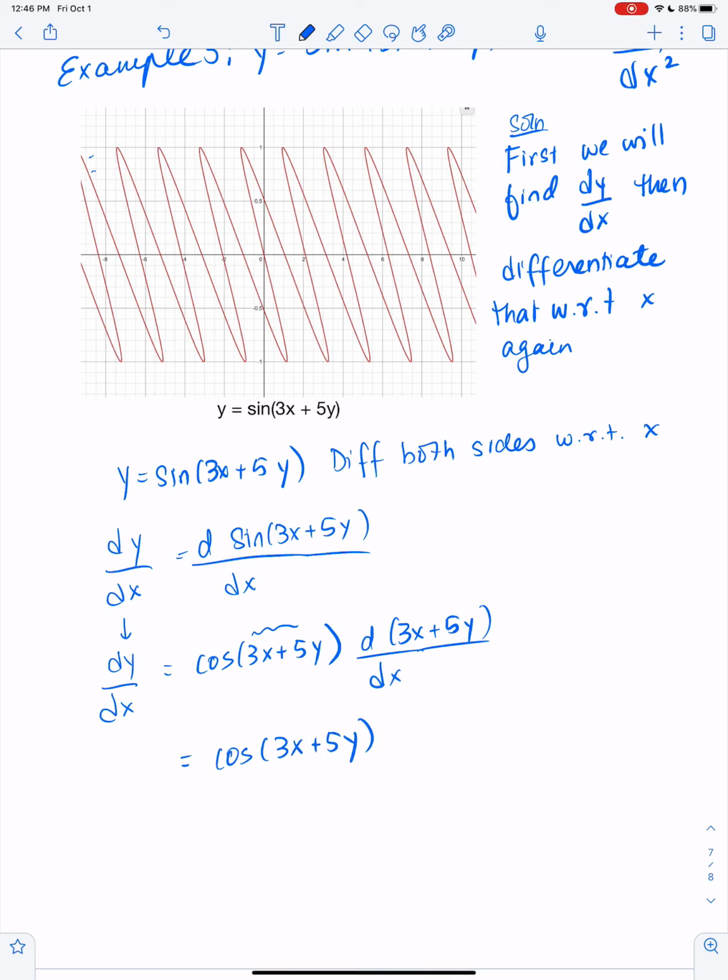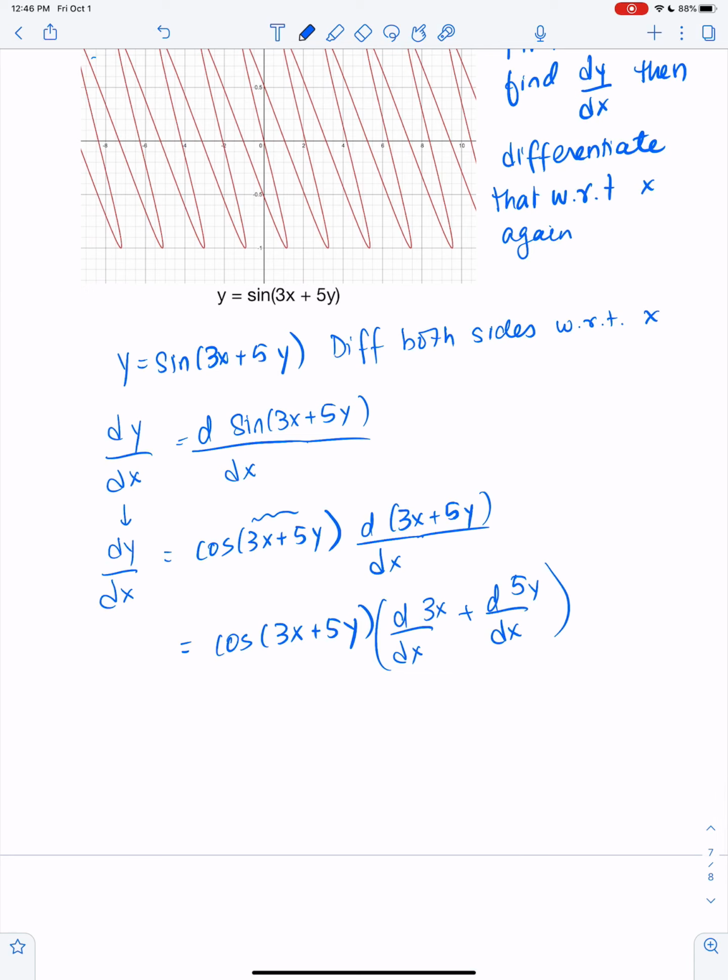Now, what's the derivative of 3x plus 5y? Well, it's the derivative of 3x plus the derivative of 5y, both with respect to x. And don't forget a parentheses, because you need to multiply all that by the cosine of 3x plus 5y. What's the derivative of 3x? That's just 3. What's the derivative of 5y with respect to x?